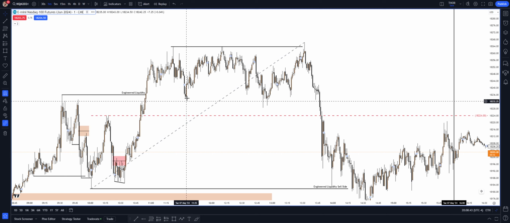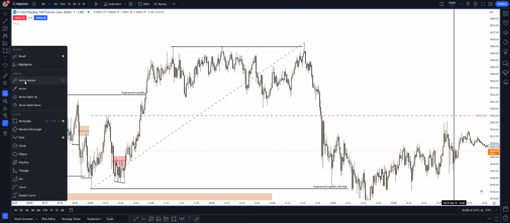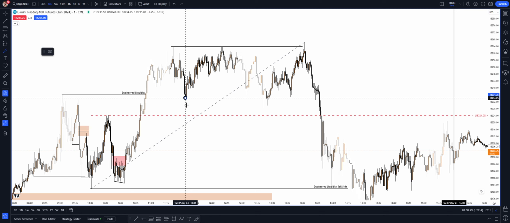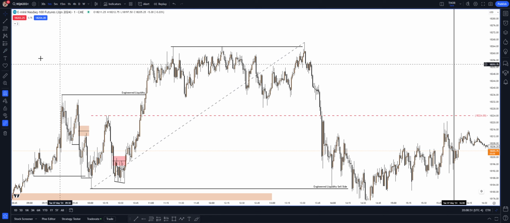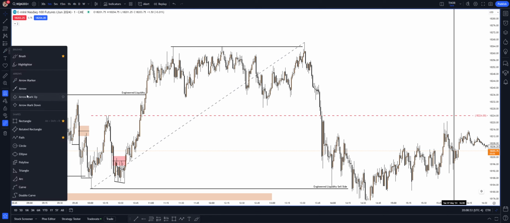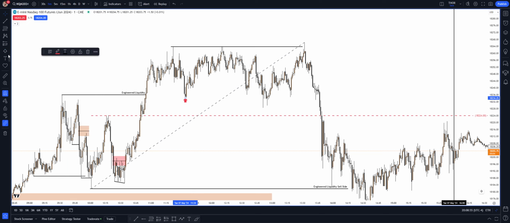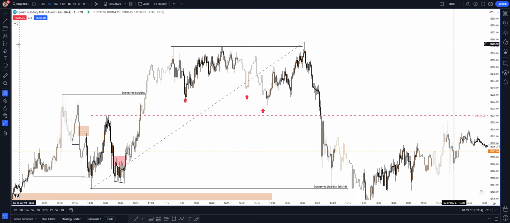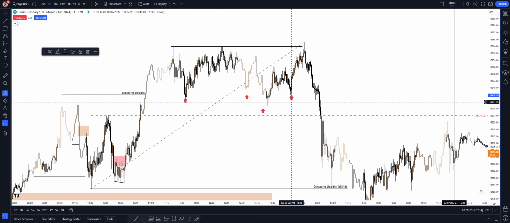So you shouldn't be trusting these, hold on, not this tool, wrong tool. Here, these dumps, you should not be trusting these dumps because they are not pullbacks or reversals.